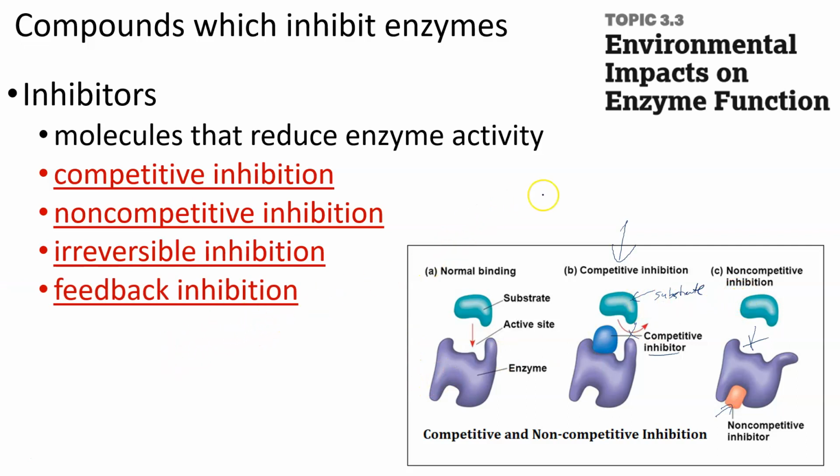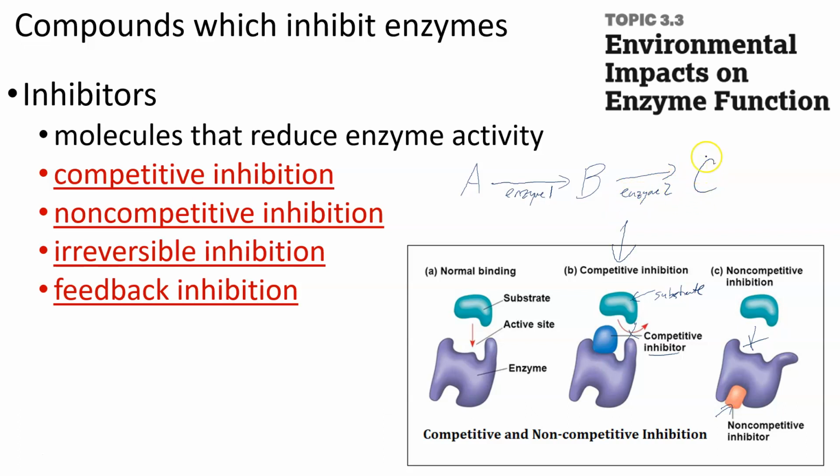Feedback inhibition is a very specific case where, let's say, I'll draw a little metabolic pathway here. You have molecule A, right? Trying to get to molecule B, then molecule C, right? And let's say that these are catalyzed by enzyme 1 and enzyme 2, right?